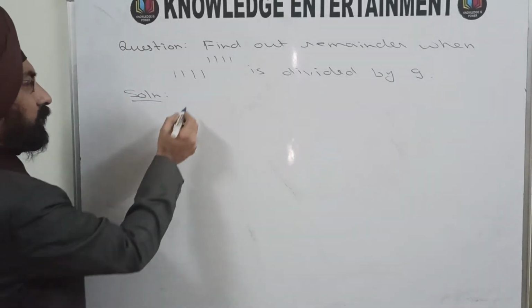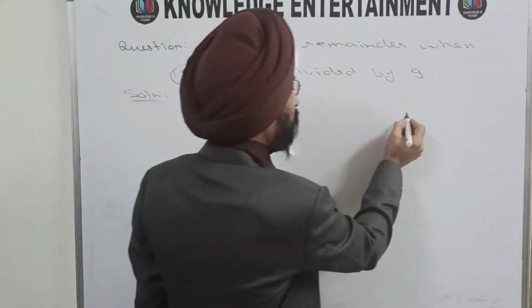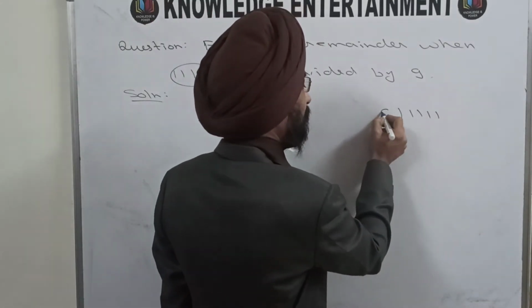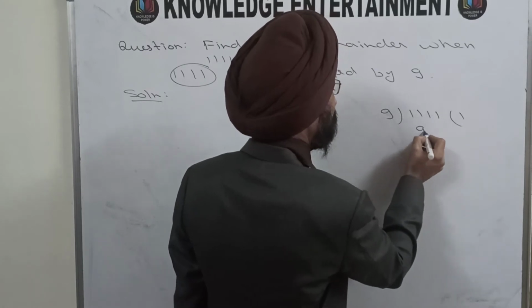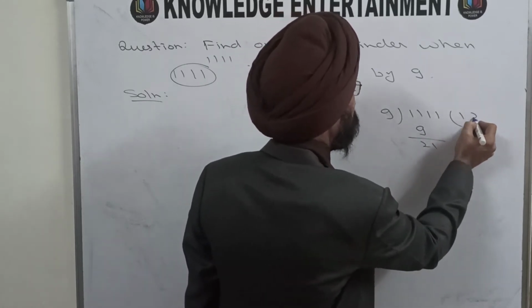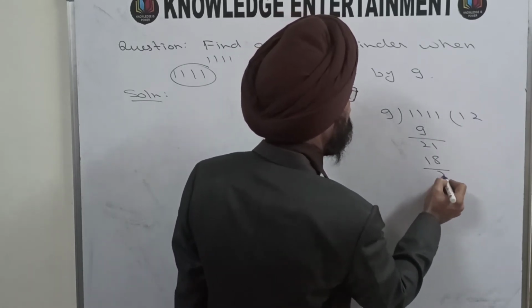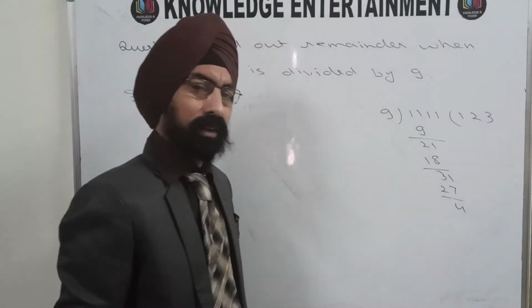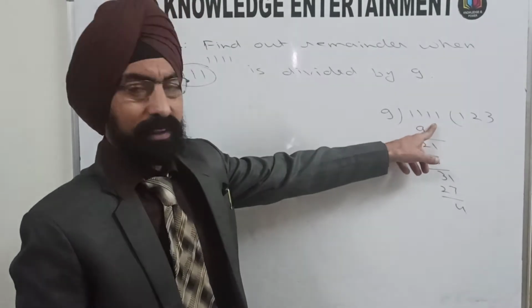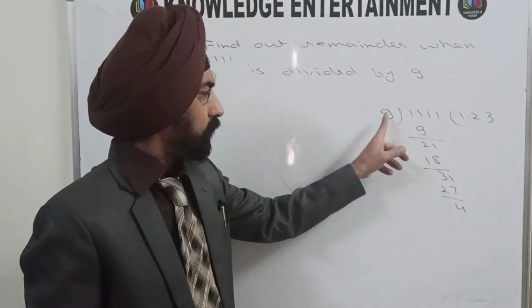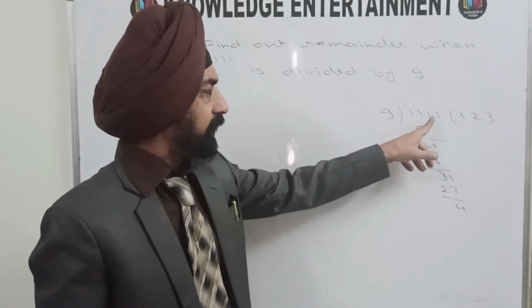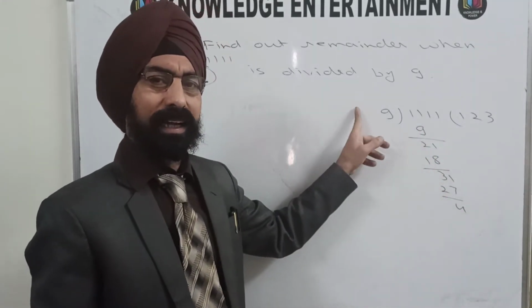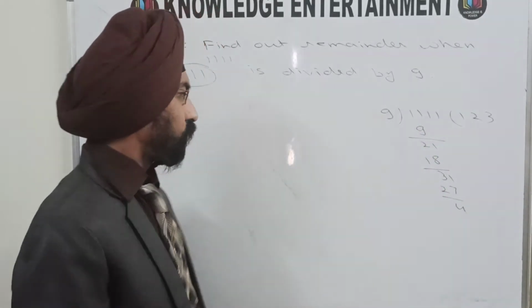First of all, you divide this 1 by 9. So it is 1, 9, 2, 1, 2, 18, 3, 1, 3, 27, 4. So your 1 is congruent to 4 modulo 9, because I need the quantity, the remainder and the divisor.